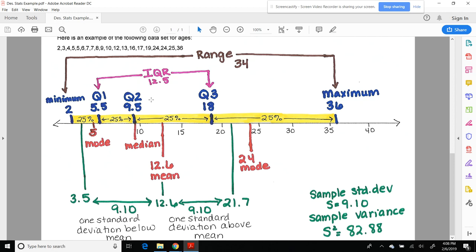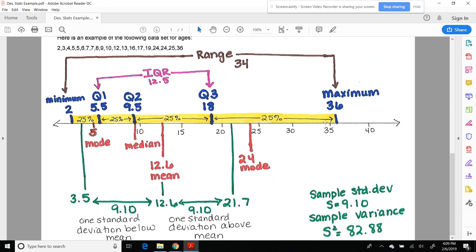One more very important thing I want to drive home is this area in yellow. 25% of the data will occur from the minimum to Q1, 25% will occur from Q1 to Q2, 25% will occur from Q2 to Q3, and 25% will occur from Q3 to the maximum.